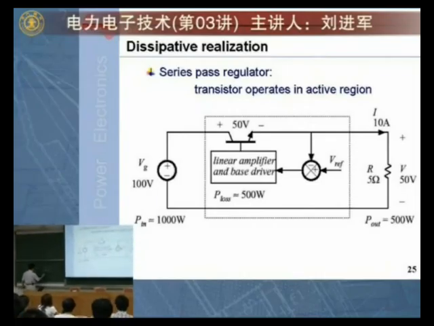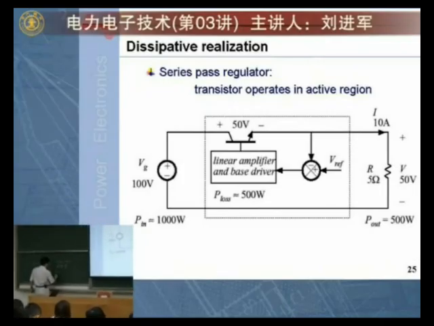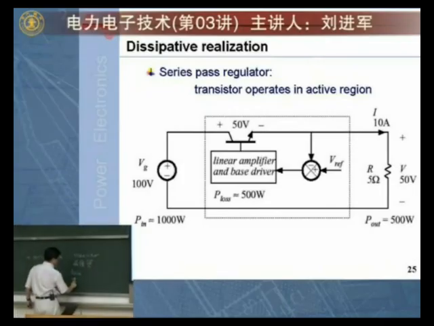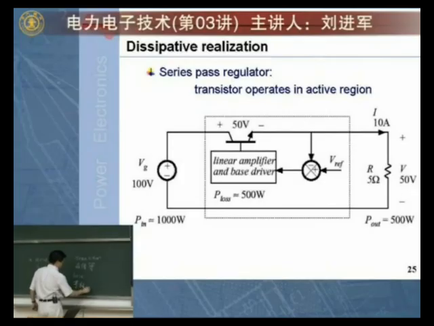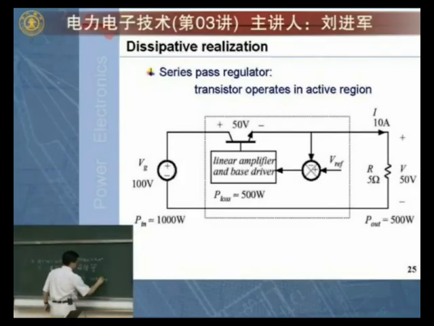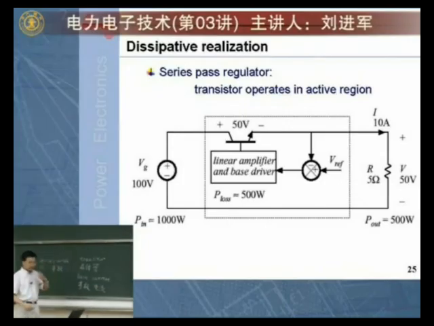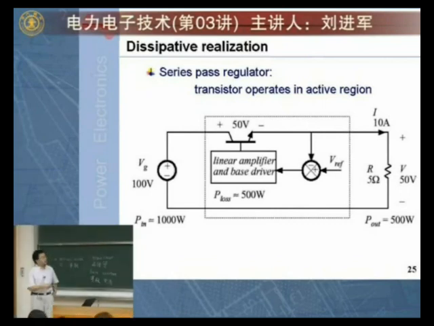This difference is used to control the base current of a transistor.